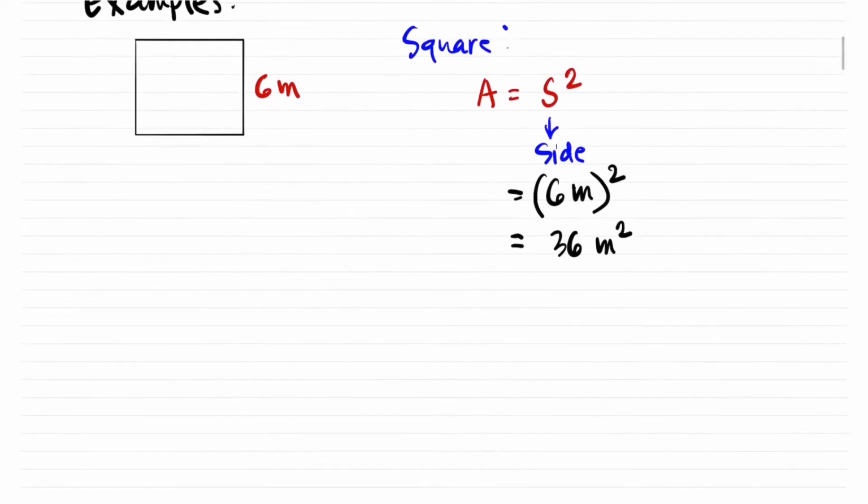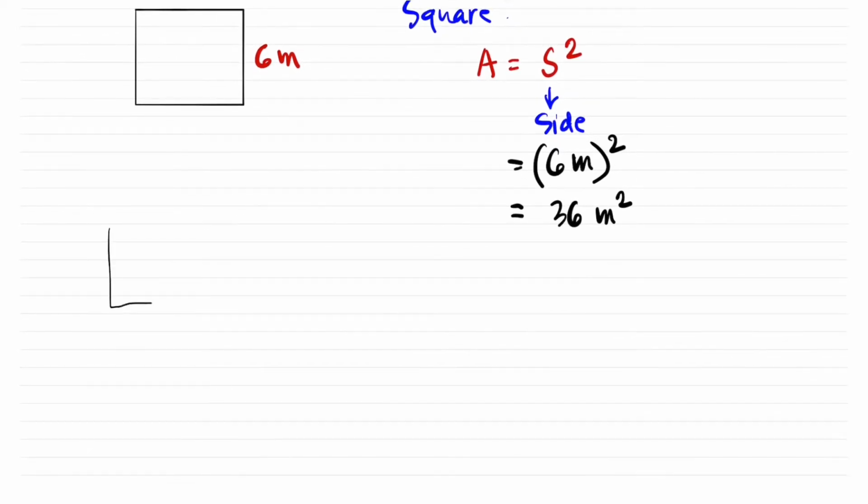Next we have a rectangle. For example, we have here 6 meters and here 3 meters.